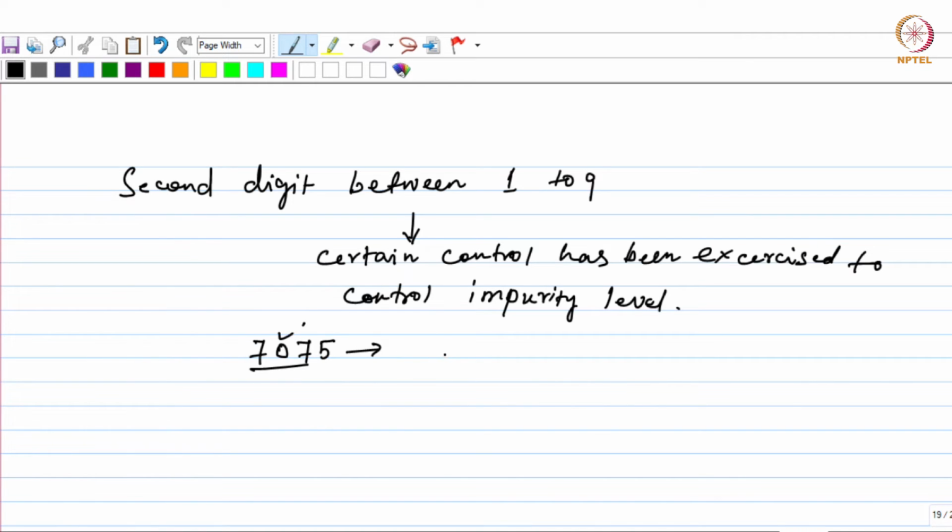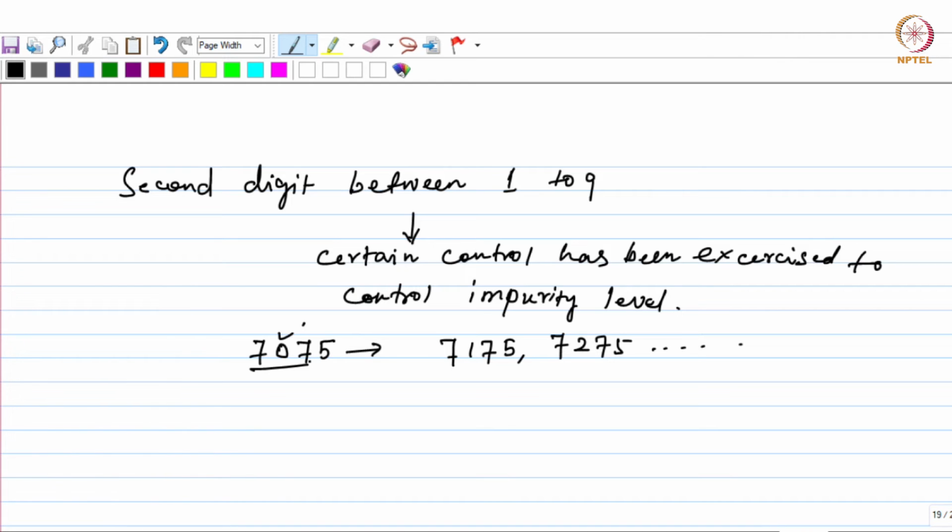And then if you see other variations in this, having the second digit between 1 to 9, such as 7175, 7275, and so on, this indicates that there was some bit of control which was exercised to refine this alloy from this 7075, which had the commercial purity level for the aluminium.